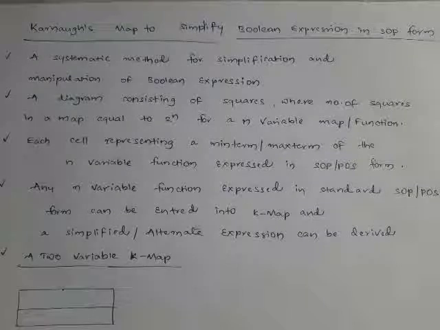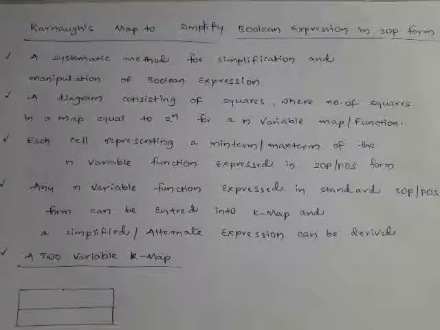Only then can you use that expression for further simplification by using the Karnaugh map. So before going to the actual simplification method, we'll discuss the basics of the Karnaugh map.